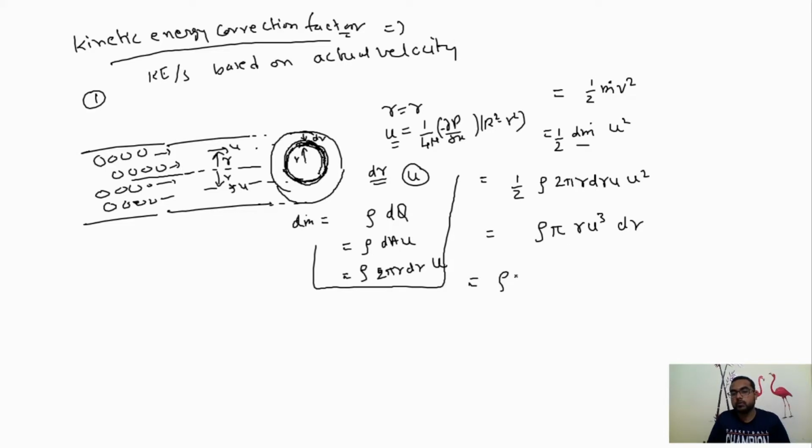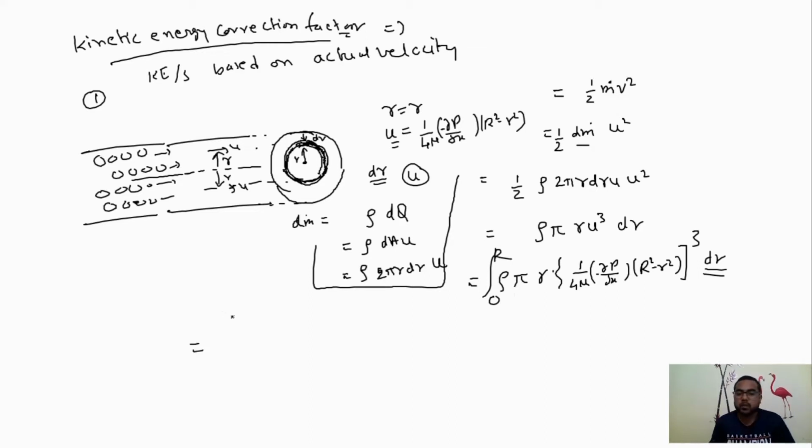Now put the value of u, 1 by 4 mu del p upon del x with minus sign, R square minus r square, to the power 3, dr. If we want the kinetic energy for the whole section, we have to integrate this value with respect to r, with limits from 0 to capital R. Now solve this term.